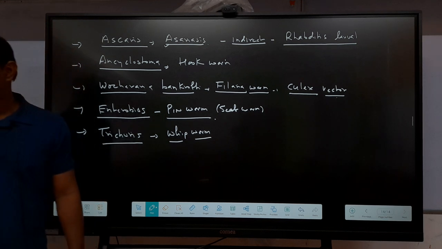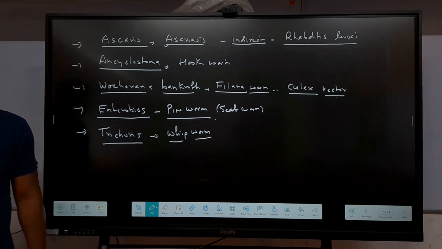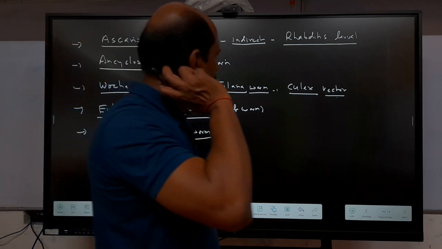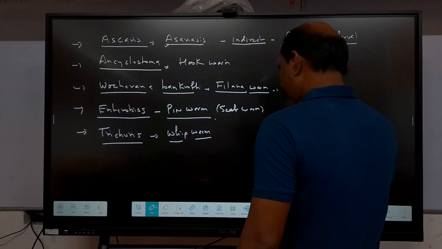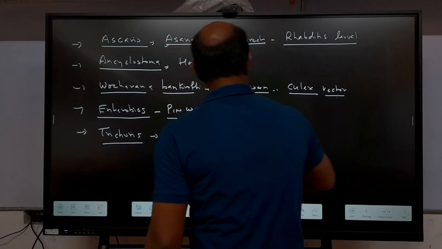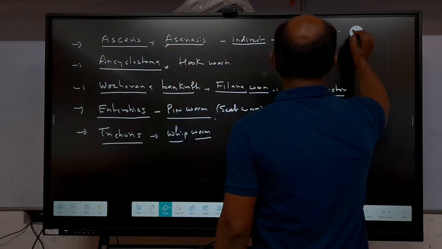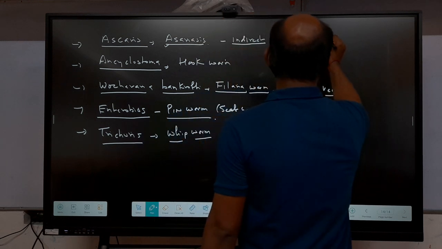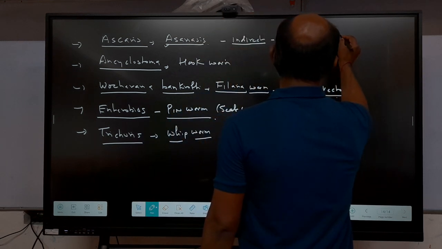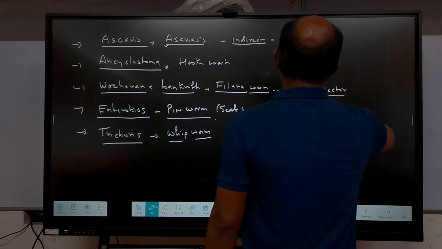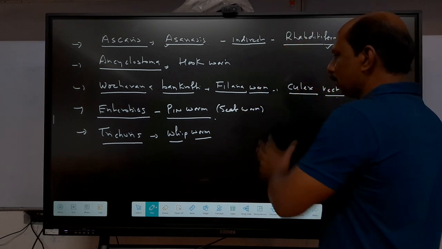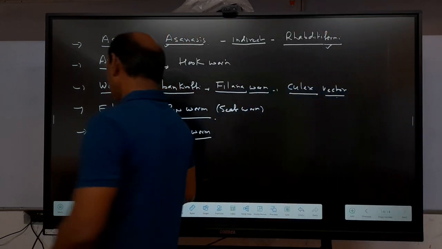Rhabditis is a free living nematode. One mistake is there: Rhabditis is a free living nematode, and the larva is Rhabditiform, or Rhabditoid, because its structure is similar to Rhabditis. Rhabditis is spelled R-H-A-B-D-I-T-I-S, right?